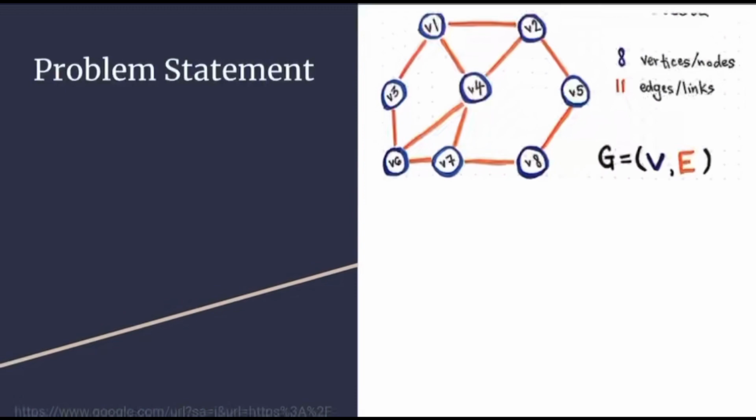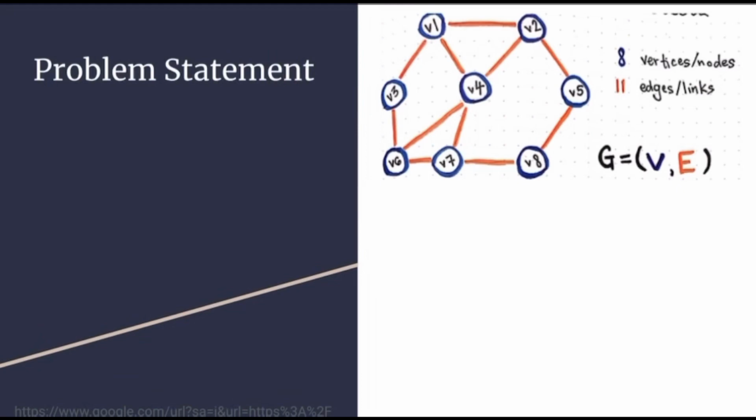So we have to find a maximal independent set. As we can see, the independent set that contains V4 and V5 is not the maximal independent set, because the independent set with the most elements is the maximal independent set.